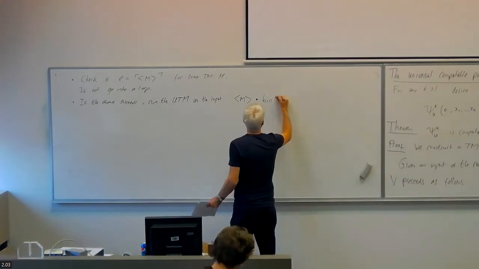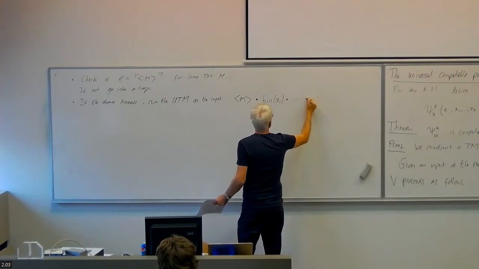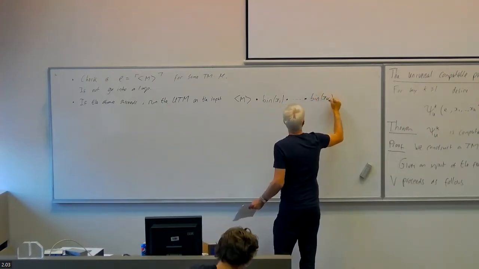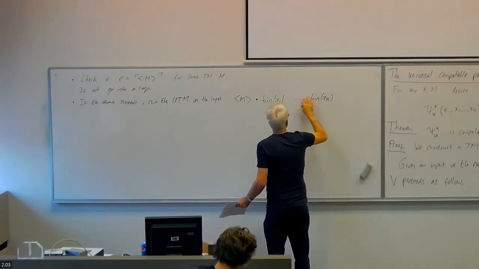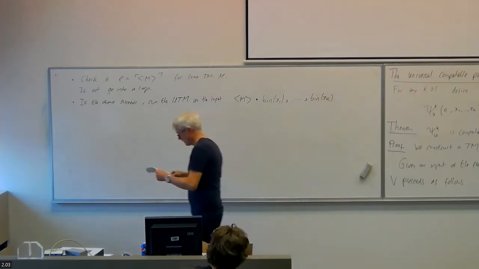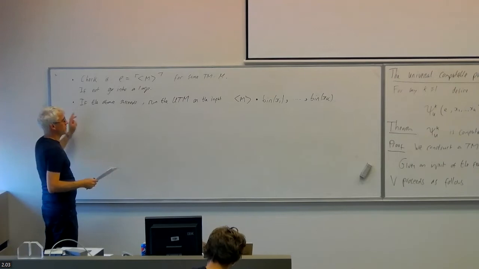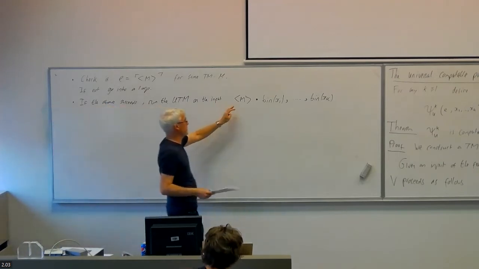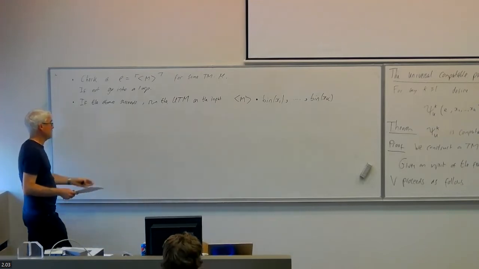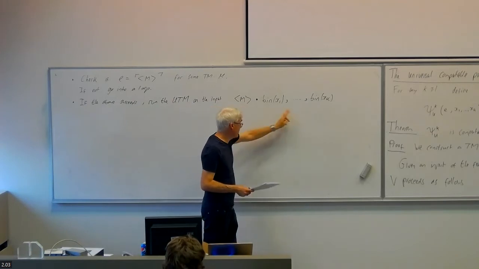So we keep those binary representations. So the universal Turing machine on this input will simulate the effect of the Turing machine M on this input.